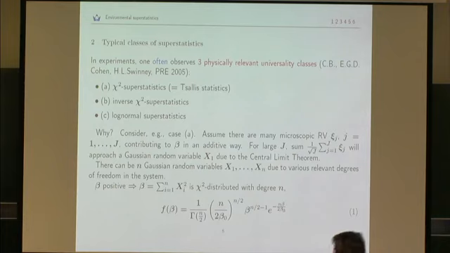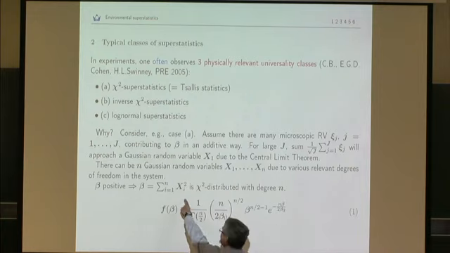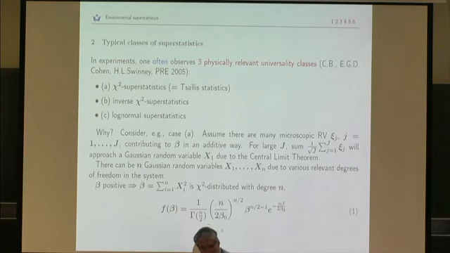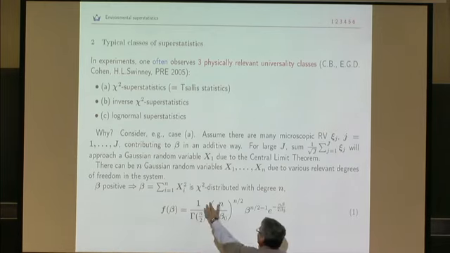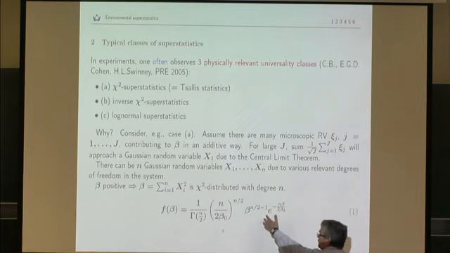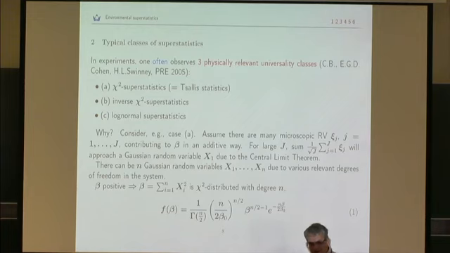Or nearly always positive. And therefore, if you regard this inverse temperature as being produced by these various degrees of freedom in your system, then very often you have simply this form, where you add up the Gaussian random variables in your system, but square them because beta is positive, right? So from this argument, you get that f of beta, the chi-square distribution here, is very generic in a sense in the system. It's the simplest way to produce something positive out of n Gaussian random variables if these are added.